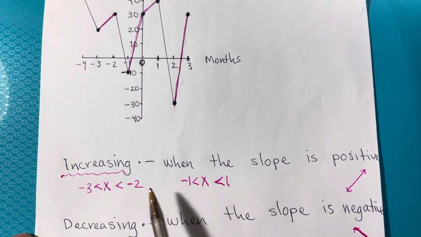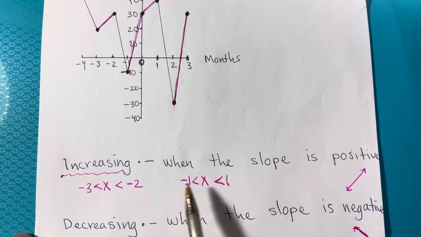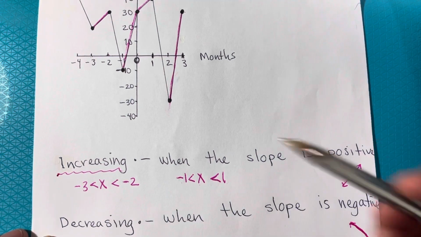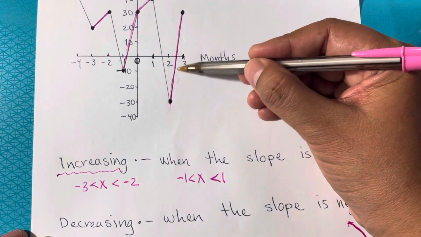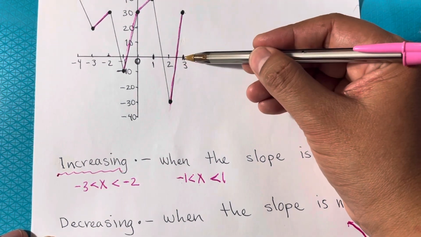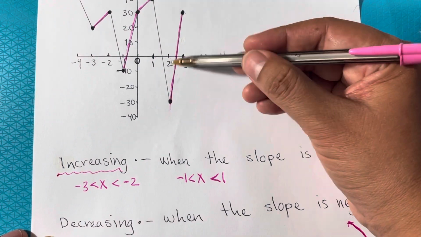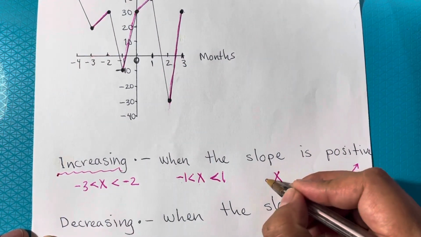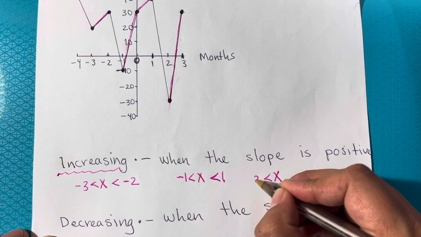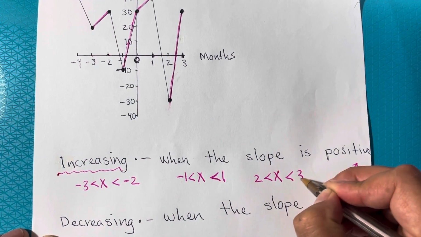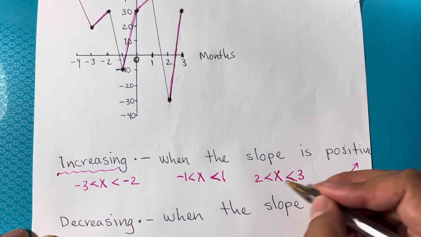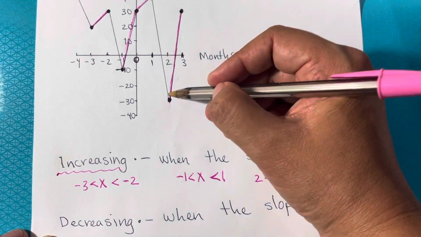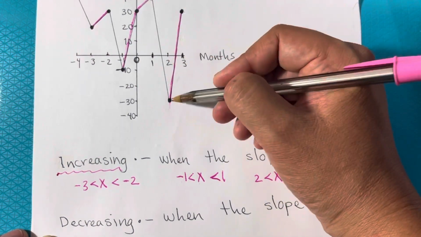Put the negative, or the one on the left, to the left, the one on the right to the right. And the last section where it's increasing is between 2 and 3, right? So it's increasing when x is greater than 2 but less than 3. It also means between those values of x, it's increasing.